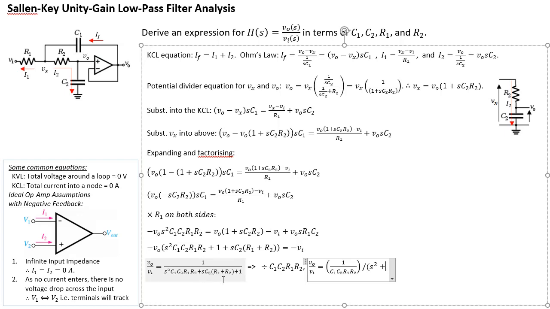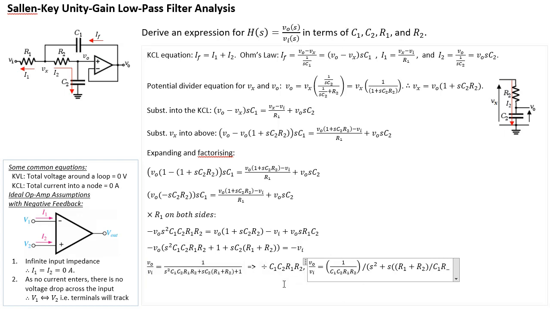Basically, if I divide this by C1, C2, R1, R2, well, the C2 will disappear, right? The S will be there. But the top part will just be R1 plus R2 at the top. And the bottom will be C1, R1, and then R2.